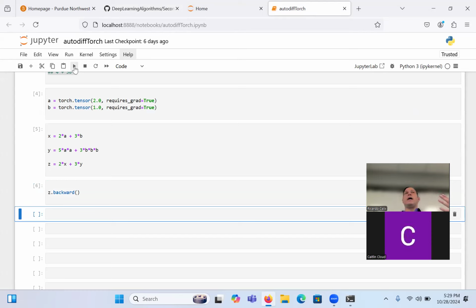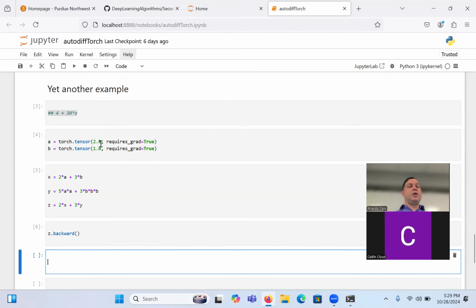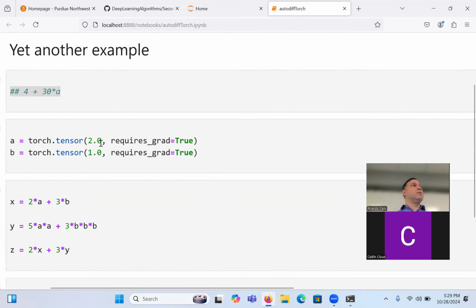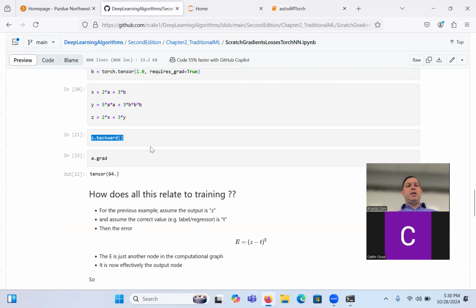And that's basically doing everything so that the gradients have now been calculated. We've already provided a value for A, which is the tensor 2 over here. Do you see that? Now, the one thing about Torch is it won't give you the equations. Instead, it just stores the value. That's the one thing you have to get used to.